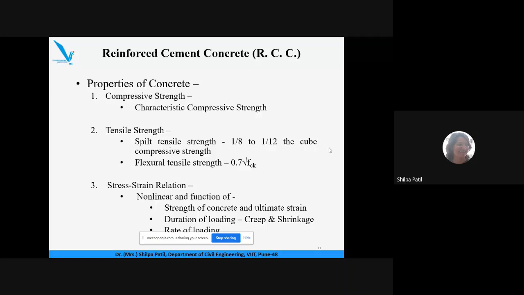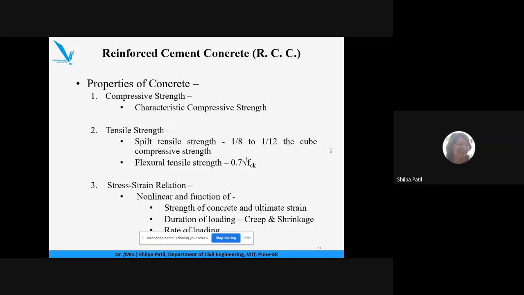Have you performed this test? Not yet. We have performed flexural. Flexural, okay. You have not performed the split tensile strength. Am I right? Yes, ma'am.